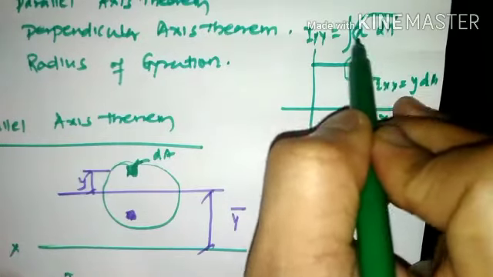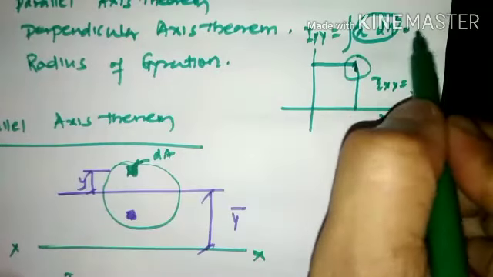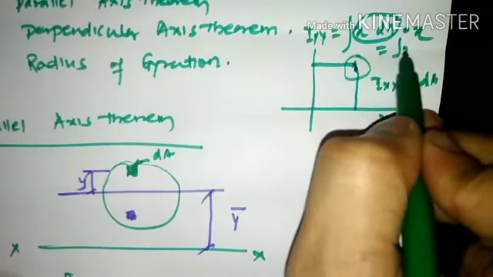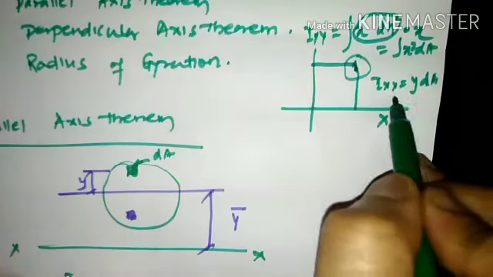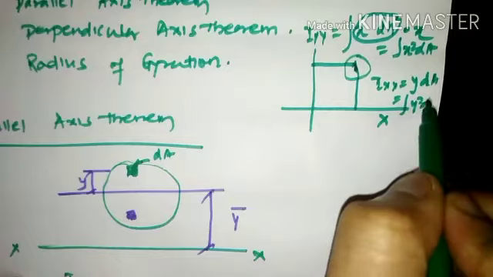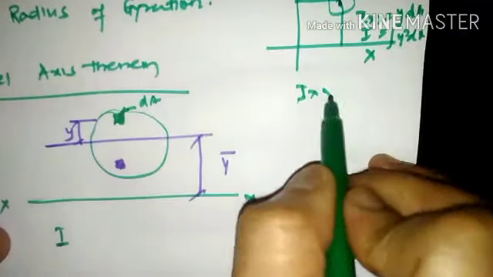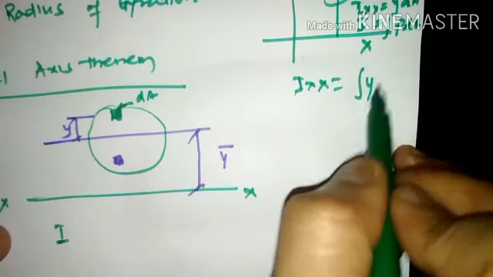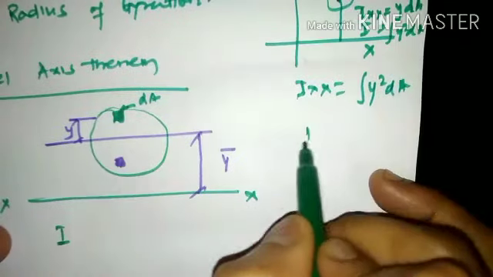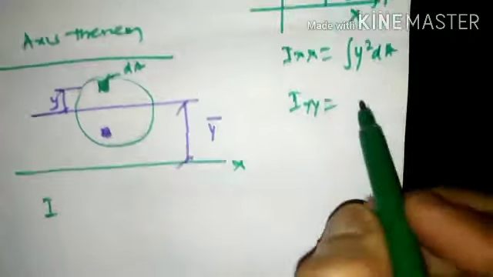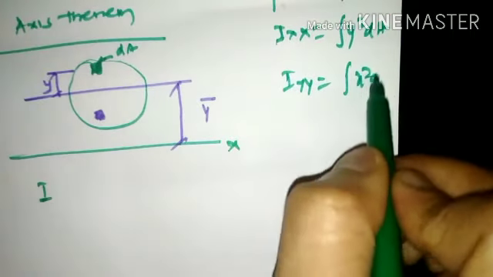So the first time integration gives the centroid. The second time multiplication gives integration x square dA and integration y square dA. So from first principles, Ixx is equal to integration y square dA. Likewise, Iyy is equal to integration x square dA.